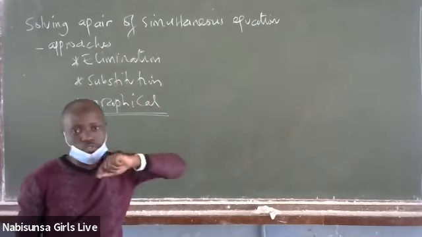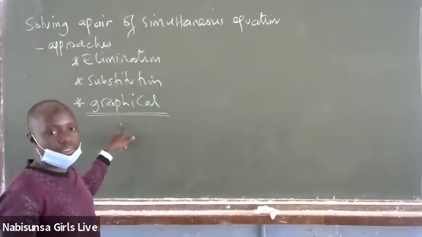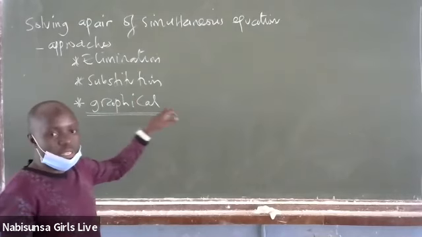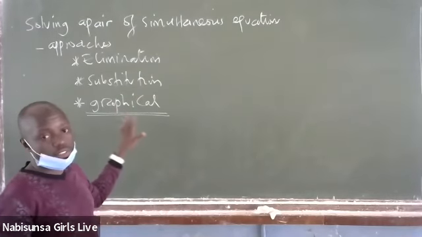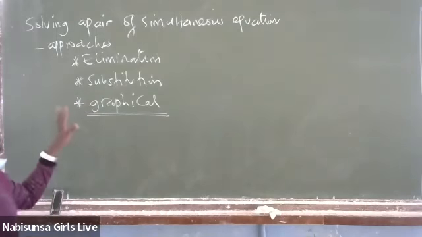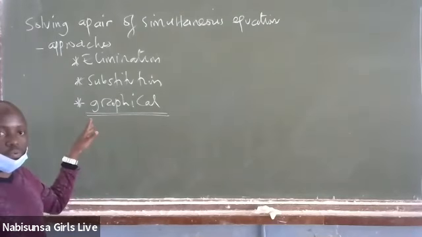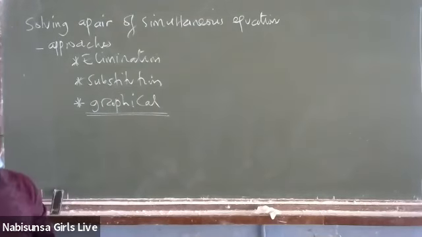So if that is true, then the graph is simply telling us that their meeting point, call it a point of intersection, is actually giving us the values of the unknowns. Because the two values must satisfy both equations.